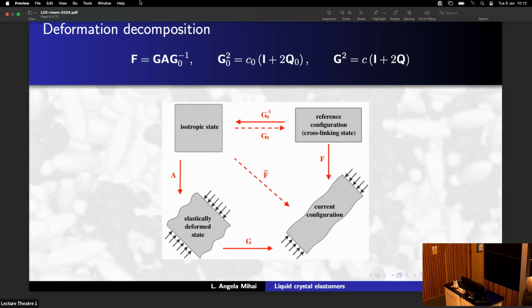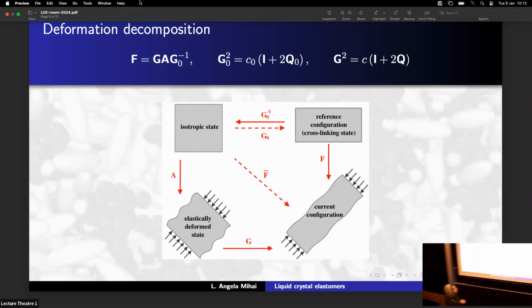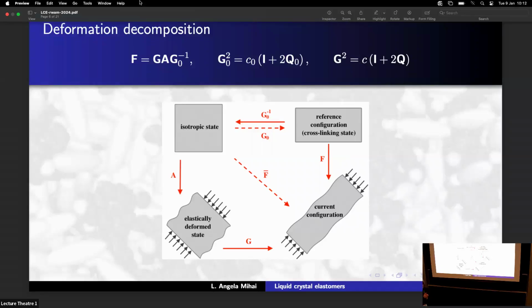And you can see here a schematic of this decomposition. So if you start with the reference configuration being the cross-linking state. So what's this cross-linking? When liquid crystal elastomers are produced, there is usually a light, weak cross-linking to begin with, and then the material can be deformed. So a nematic order is imprinted on the material, and then a second cross-linking occurs.